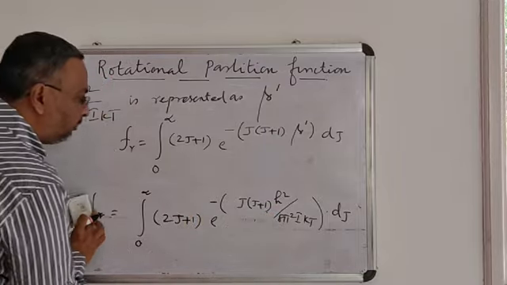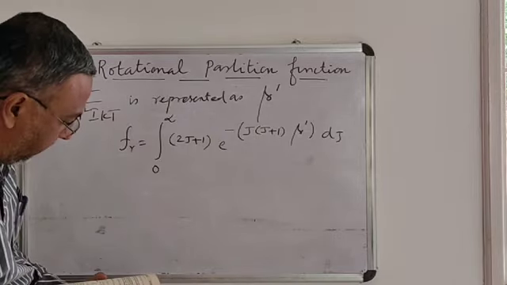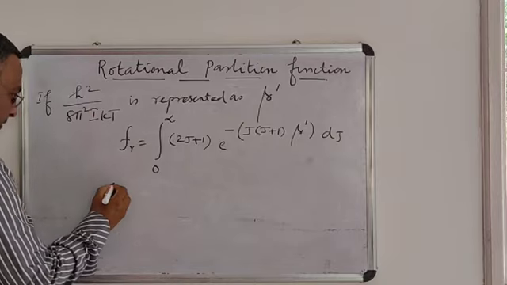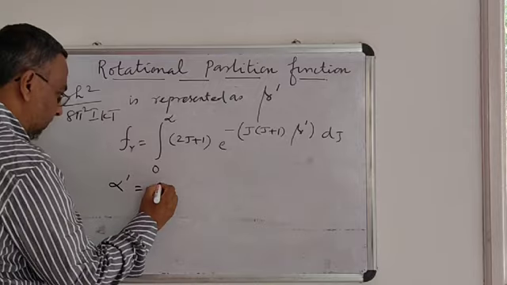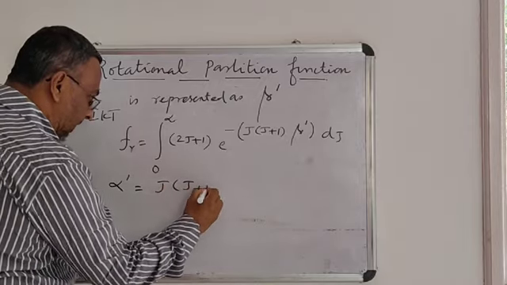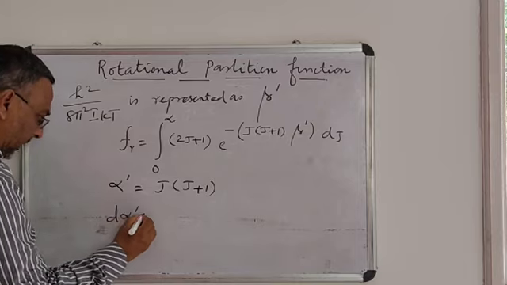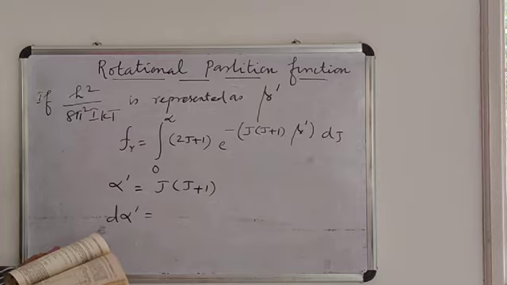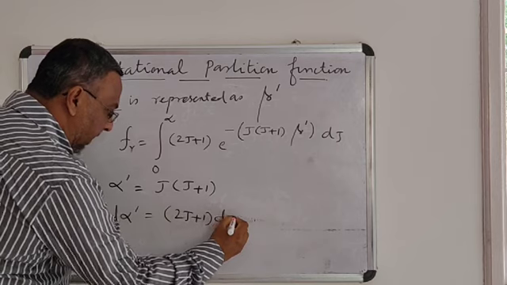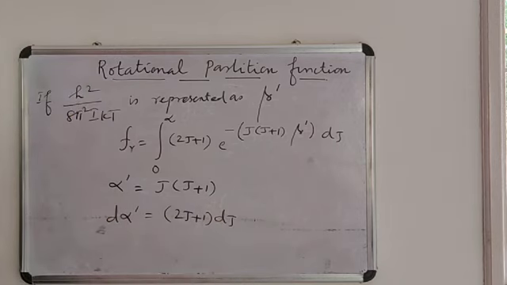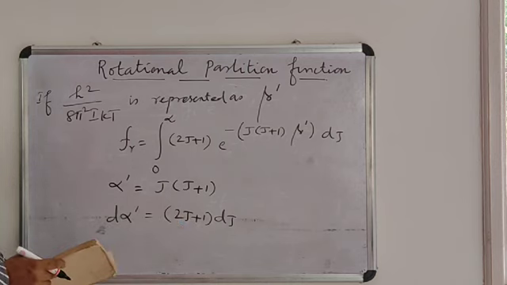Now I am introducing one more value. If you assume alpha dash is equal to J into J plus 1, then the differentiation of alpha dash will be 2J plus 1 into dJ.